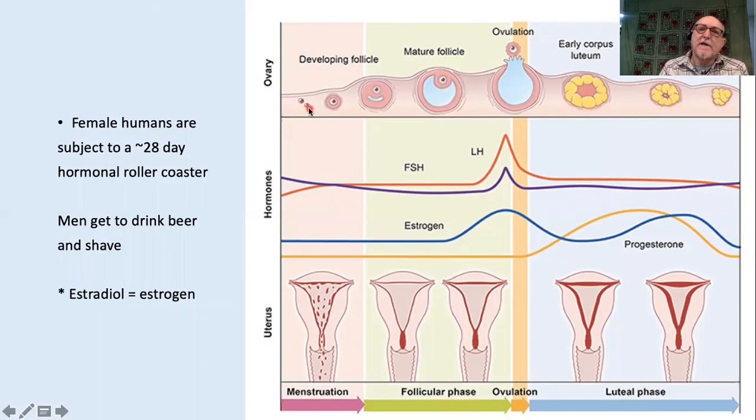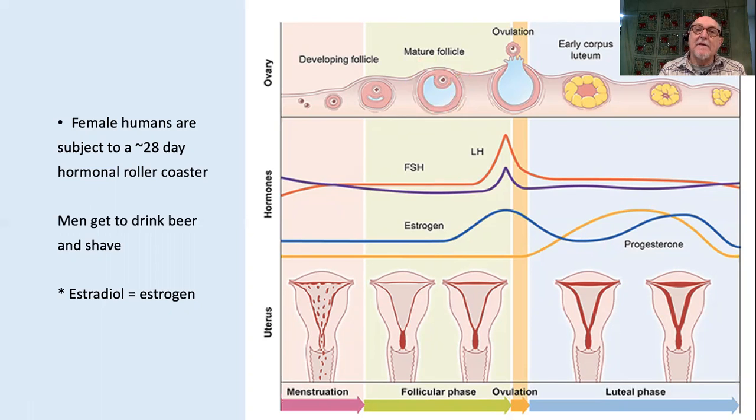Let's have a look first. This is in the ovary itself. In the ovary, each month, there's actually something of a competition between different follicles. They actually do sort of interact in a way. Usually, not always, but usually only one follicle ends up maturing each 28 days.